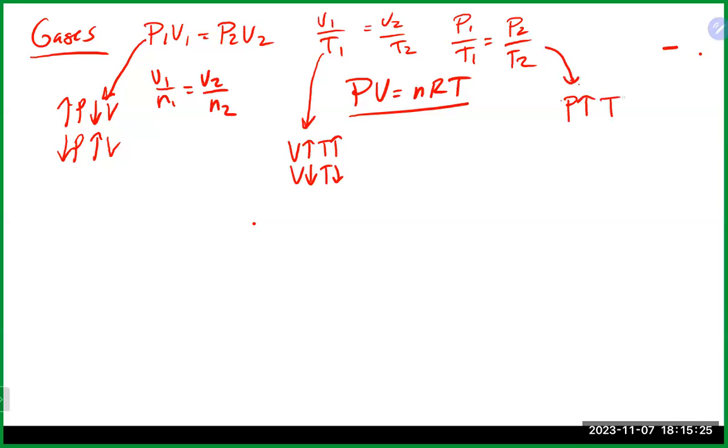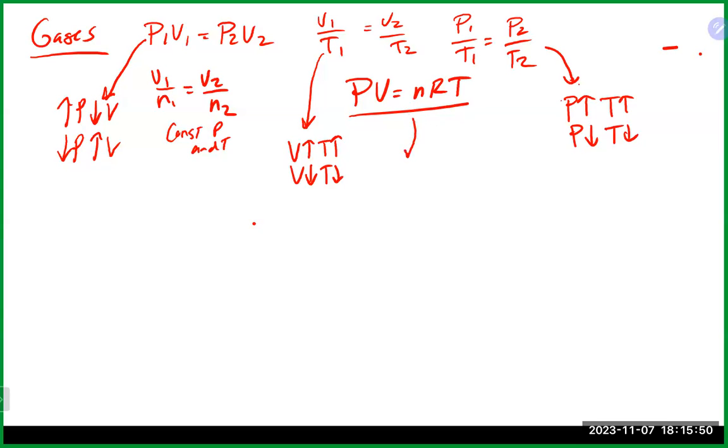Pressure goes up, so does the temperature. And pressure goes down, so does the temperature. In terms of Avogadro's law, the number of moles is proportional to the volume when we're at constant pressure and temperature. So at constant pressure and temperature, volume and moles are basically equivalent to each other.